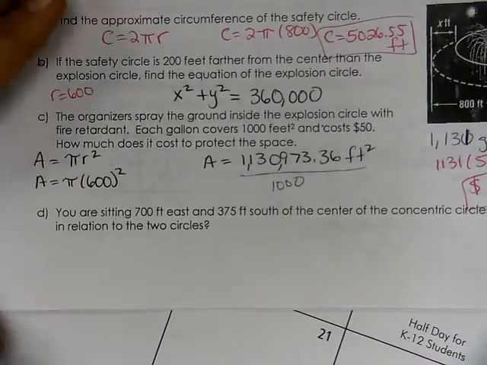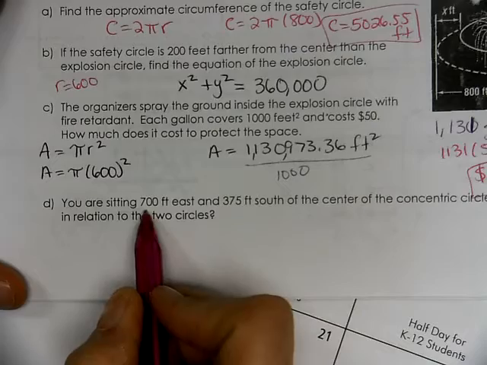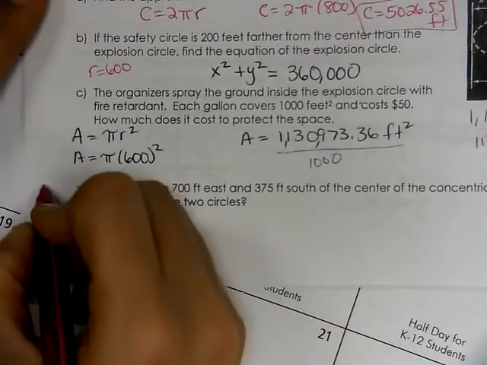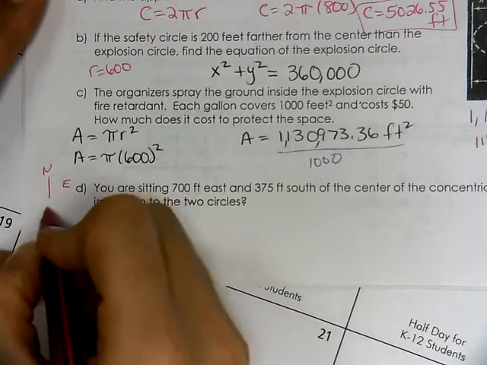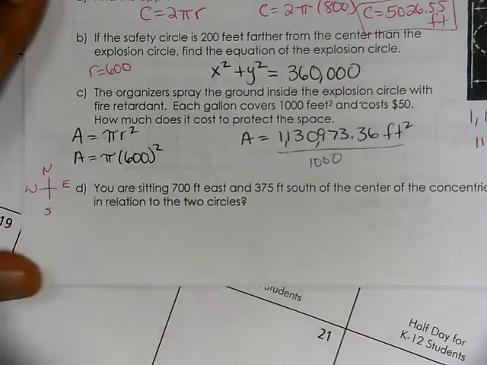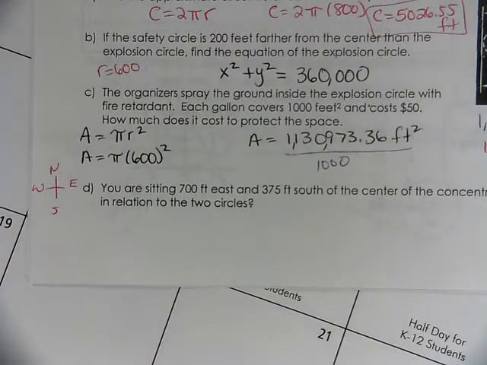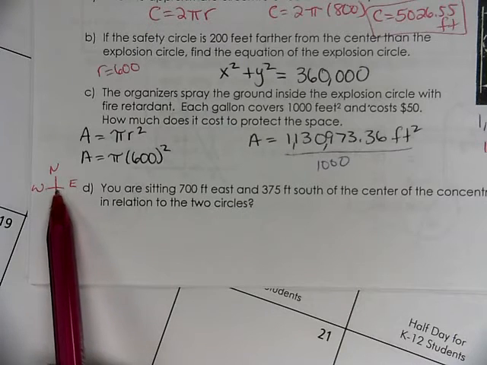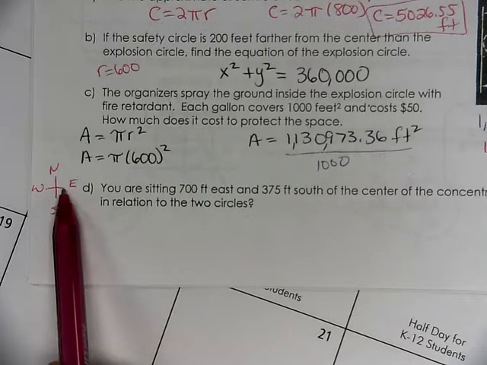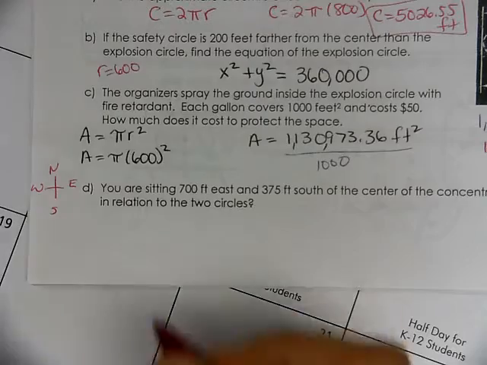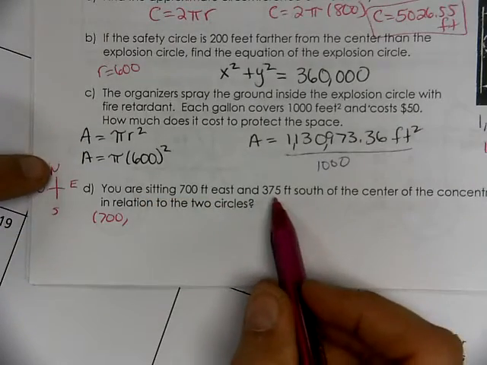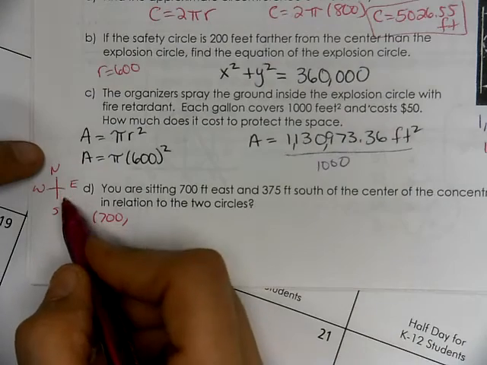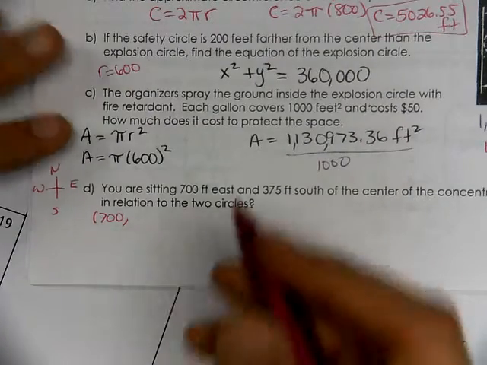So when it says, okay, think about directions, right? North, east, south, west. So if you're 700 feet east, you're at positive 700. If you're 375 feet south, you're at a negative 375.